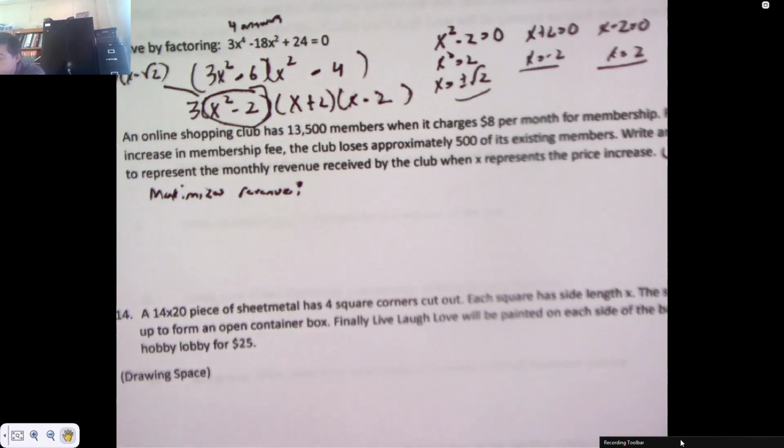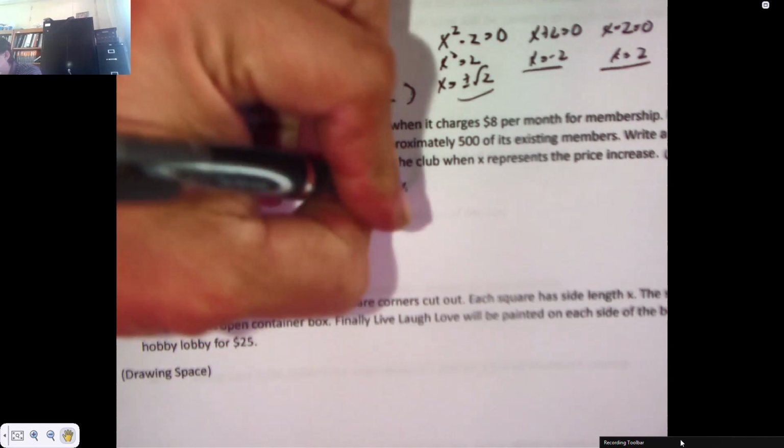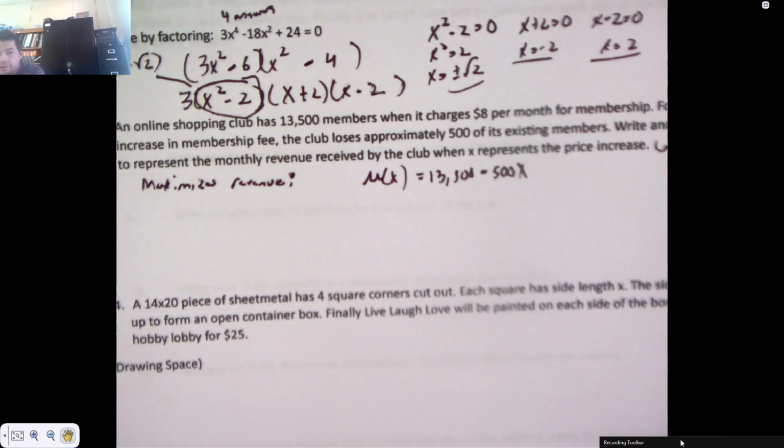It's in your standards. We just model, model, model. Maybe it sticks, maybe it doesn't. But your membership as a function of X, M of X, would be the existing members that you have, take away 500 per dollar increase. It's just a line. That's easy.